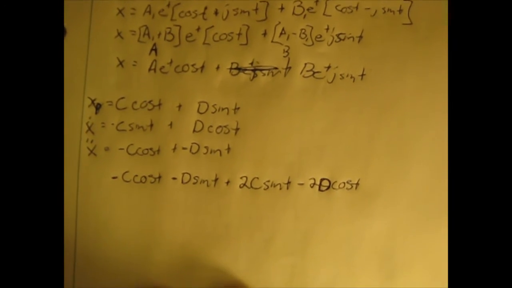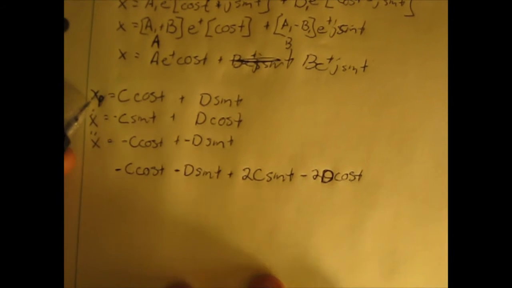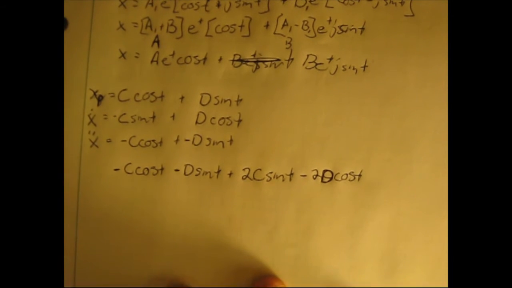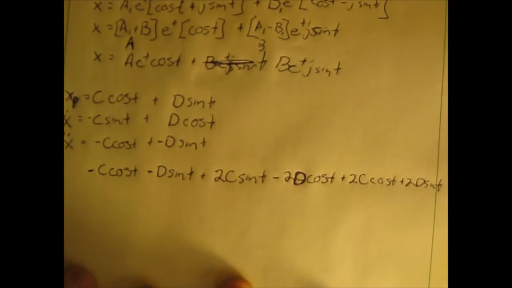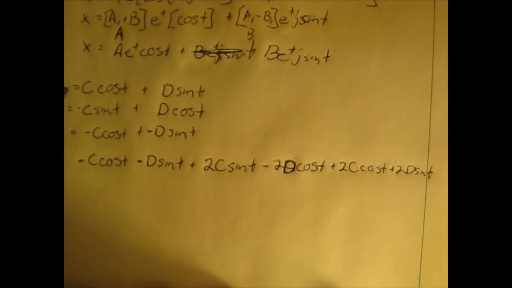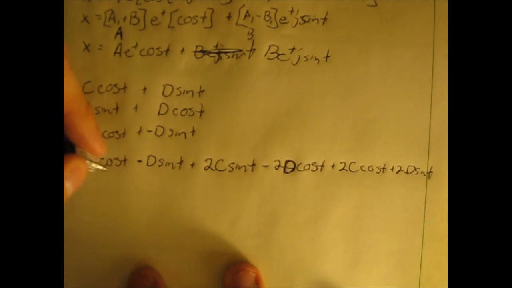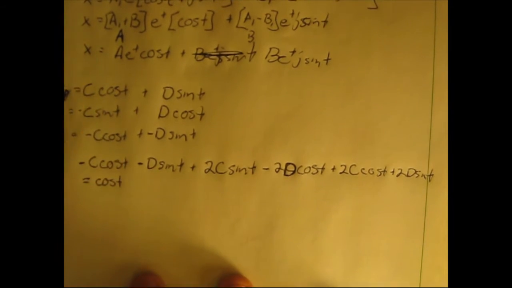And then finally, we have our regular x term that's going to be multiplied by a coefficient of 2. So we will just have plus 2c cosine t plus 2d sine t. Hope you can see all that right there. And then all this is equal to cosine t.